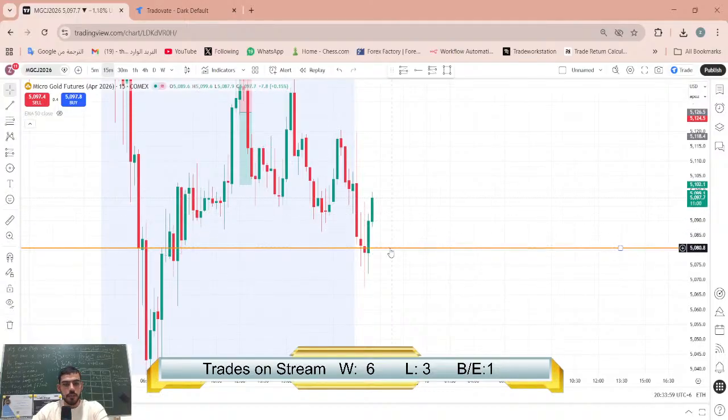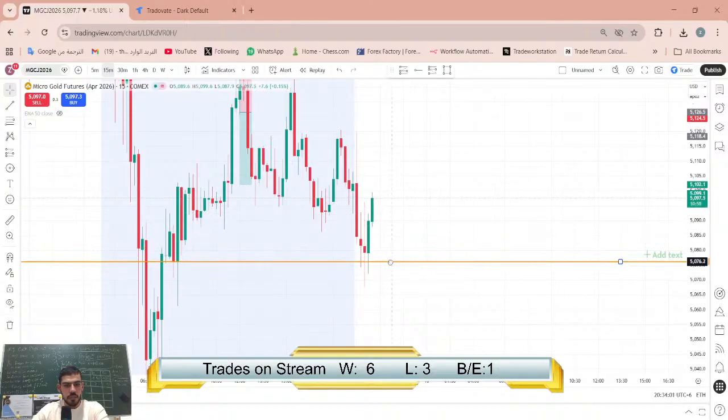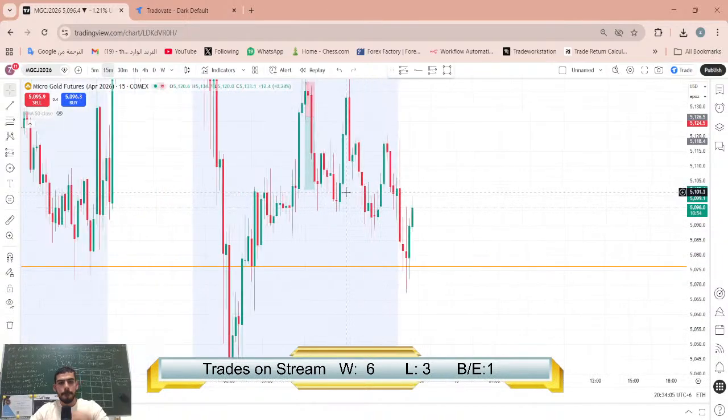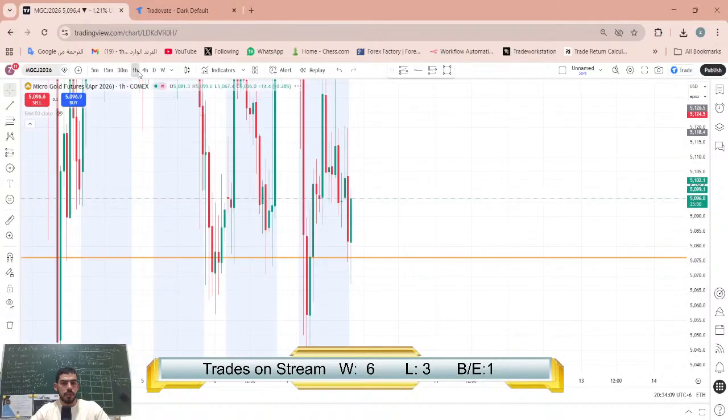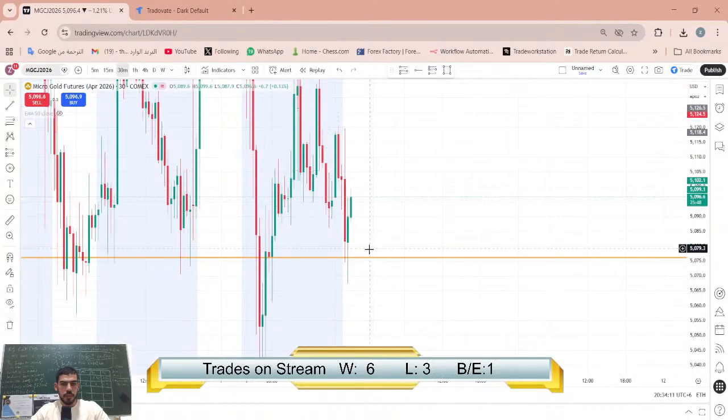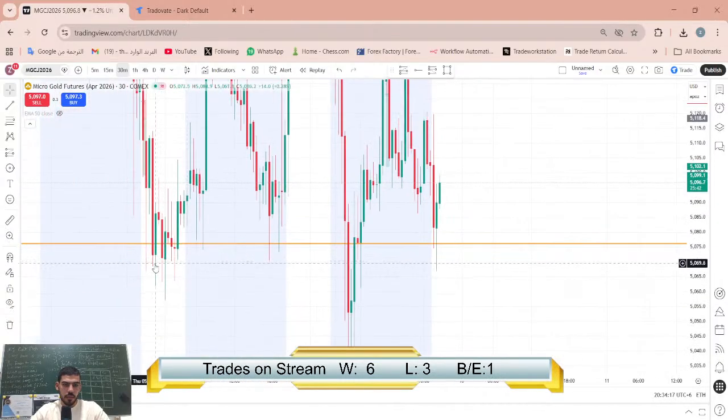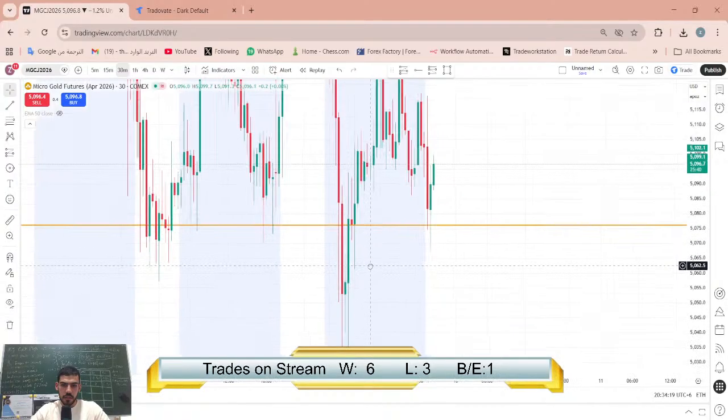So yeah, I would like to see this support. We need a retest from this area, like a double bottom, something that looks like this.